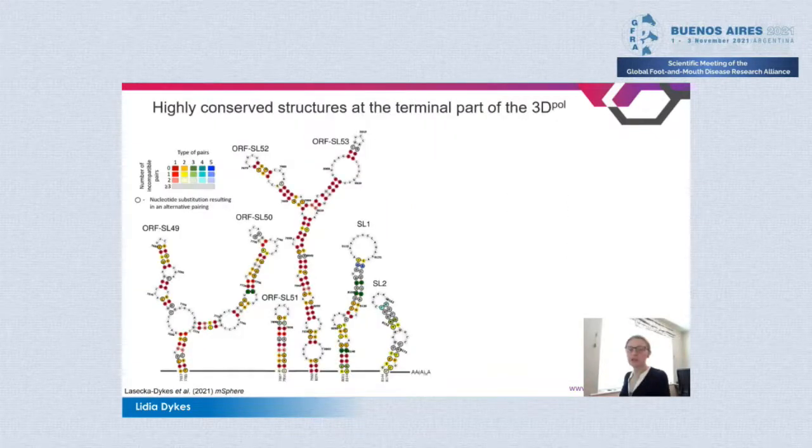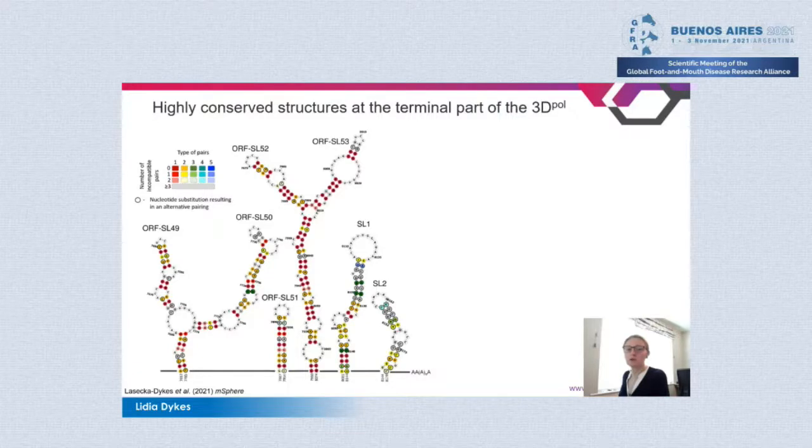We investigated the RNA structure localized within the region encoding the terminal part of the 3D polymerase in more detail. The 5 stem loops localized in this region, called open reading frame stem loop 49 to 53, showed high conservation of nucleotide pairing, even higher than SL1 and SL2 localized in the 3' UTR.